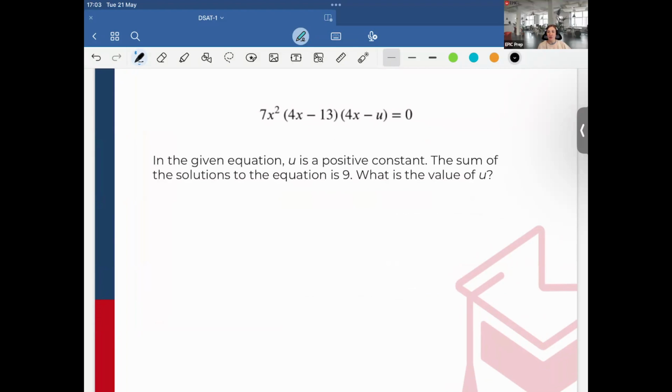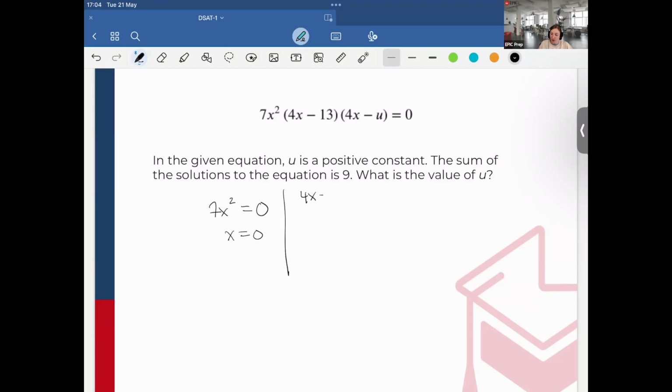Okay, so first of all, the solutions for these equations are always where the x-intercepts are. Those are the solutions where the function is intercepting the x-axis. So therefore, I can take, for example, 7x squared, set it equal to 0. What does that give me? That x is 0. That's one solution.